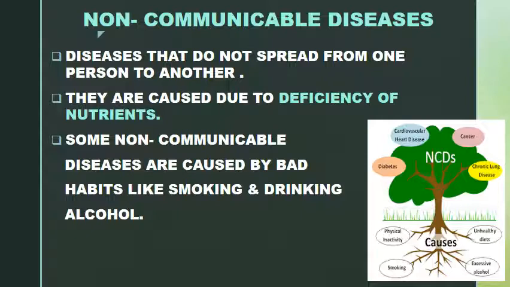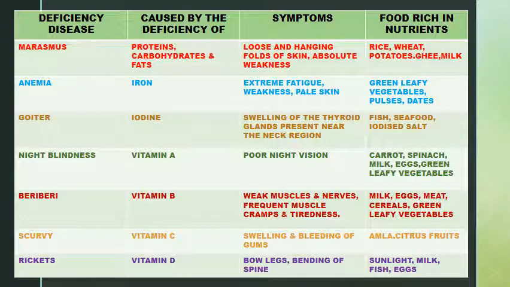Some non-communicable diseases are caused by bad habits like smoking and drinking alcohol. Now, this table lists some deficiency diseases caused by the deficiency of certain nutrients. Let us study one by one each disease.